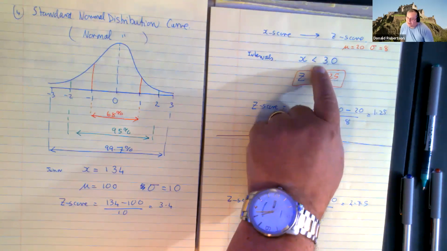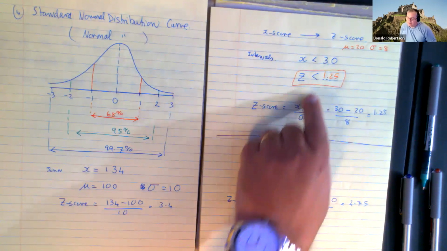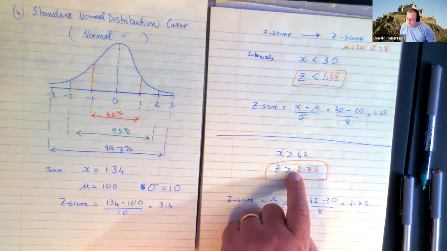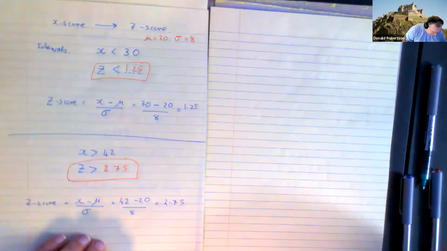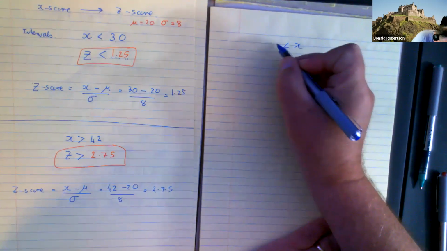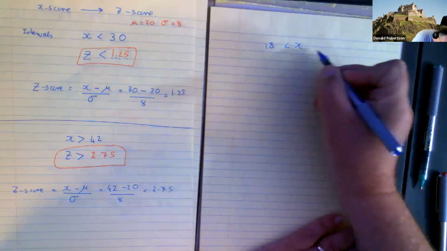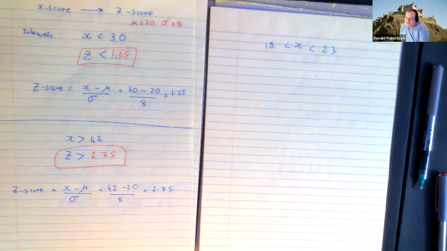I get a score less than 30, that's the z-score equivalent of that statement. If I get a score bigger than 42, that's the z-score equivalent of that information. The third variation in that looks like this. And let's make that 18. Is a between, right?